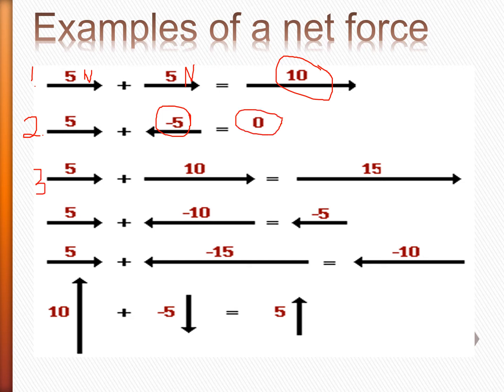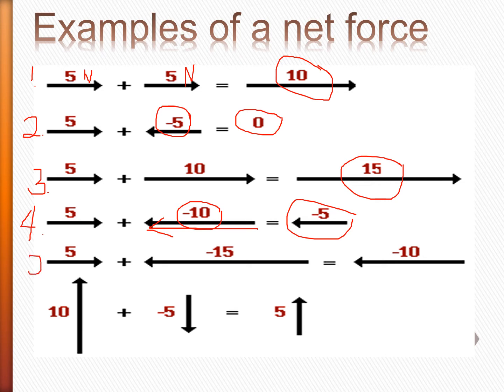Number 3, we have 5 plus 10 newtons. It's equivalent to 15 newtons. We simply add these because they are moving in the same direction. Number 4 example, we have 5 plus negative 10, which is equivalent to negative 5. Again, this is negative because it is a negative force. It is moving opposite of the positive force.